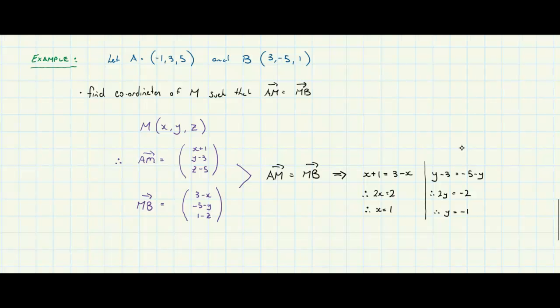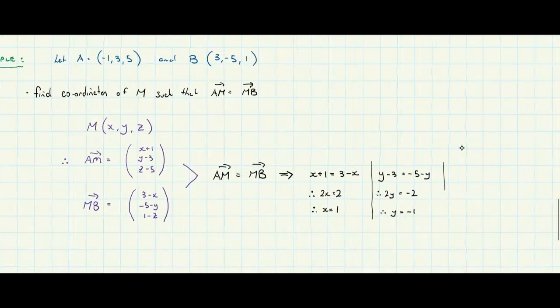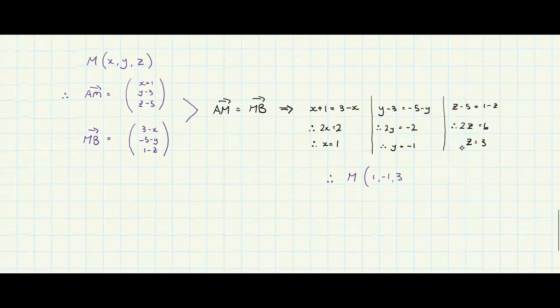So that's my Y solution, and Z will be found by taking Z minus 5, making that equal to 1 minus Z. So therefore 2Z is equal to 6, and Z is equal to 3. So therefore, what can we say about M? Therefore M has coordinates 1, negative 1, 3.